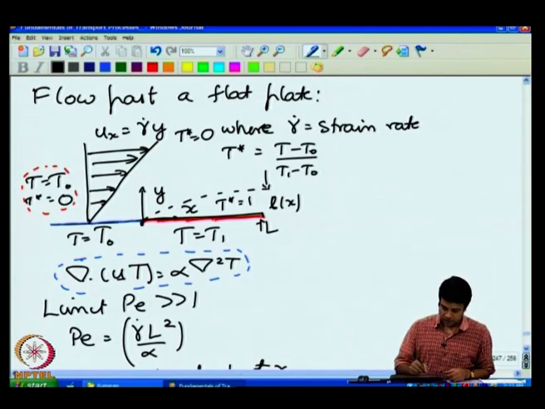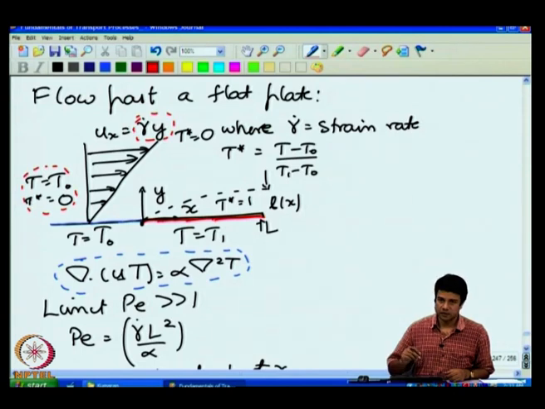So, this will be the first term in the expansion for any velocity profile, provided the region over which I am expanding is thin, small compared to the macroscopic scale. In that case, the velocity profile near the surface is going to be linear anyway, and therefore, I can use an expansion of this form, u_x is equal to gamma dot y at the surface.